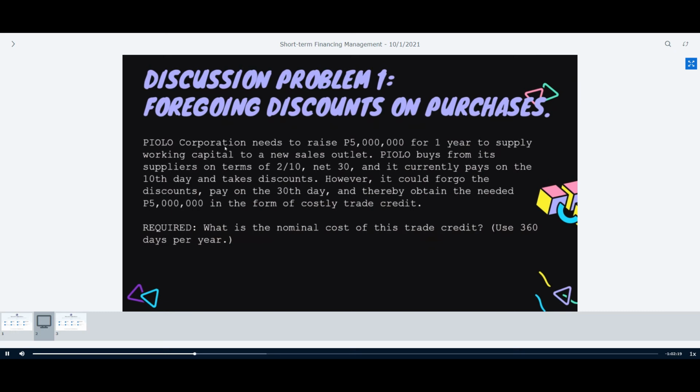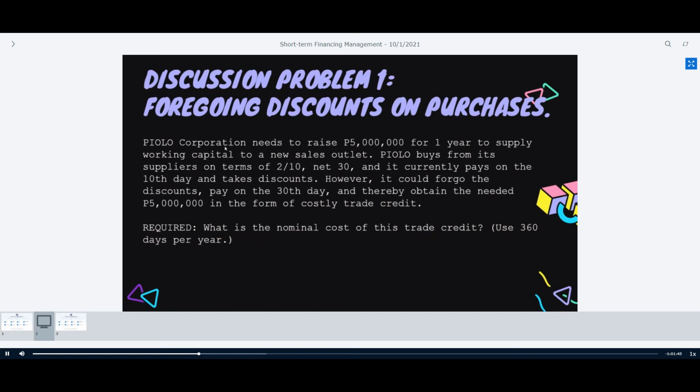Now, along with that, Piolo also has to pay for suppliers, no? And Piolo is paying always on the 10th day to avail of the 2% discount. So, ganun yung situation, no? So, ngayon, parang ang pinopoint out the problem is may requirement si Piolo na 5 million and yet Piolo always pays his supplier within the discount period, no?